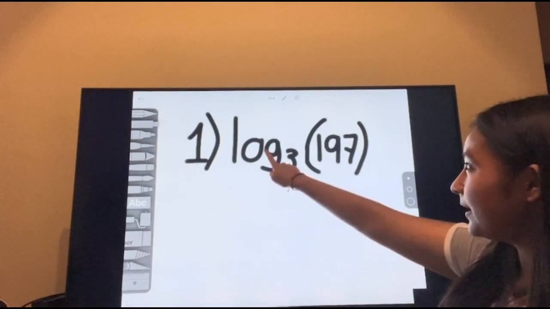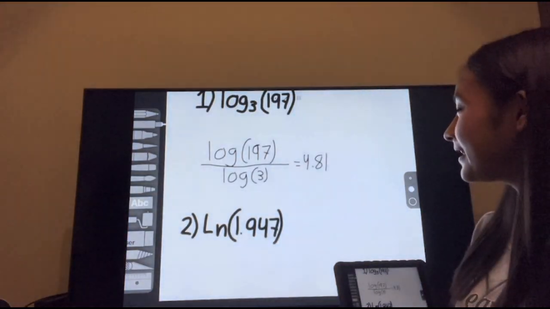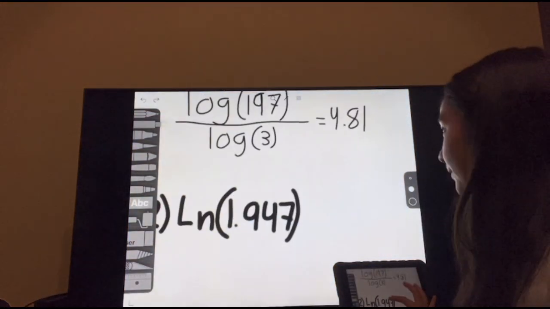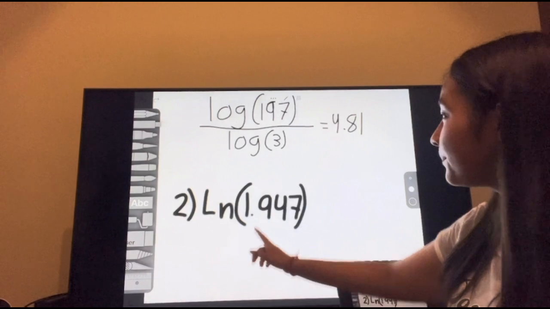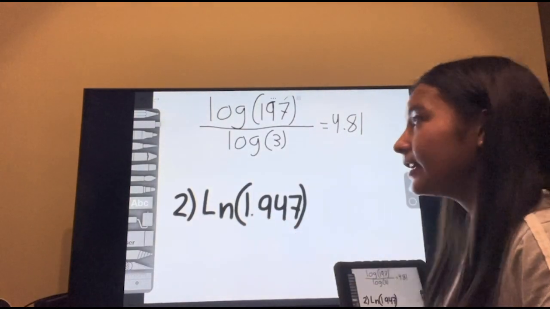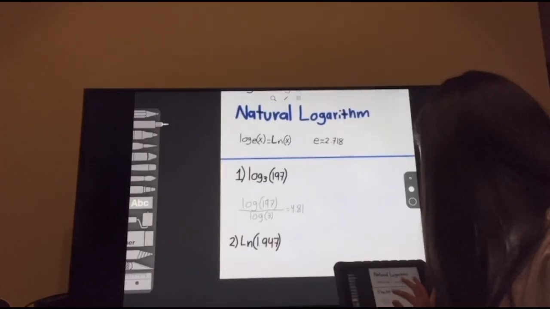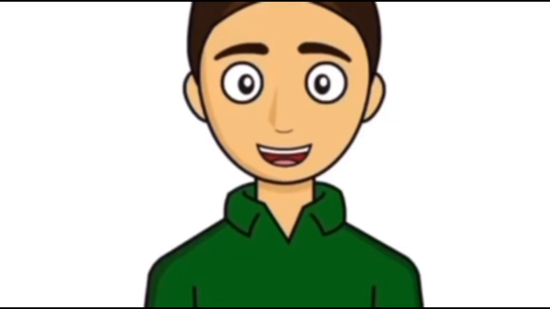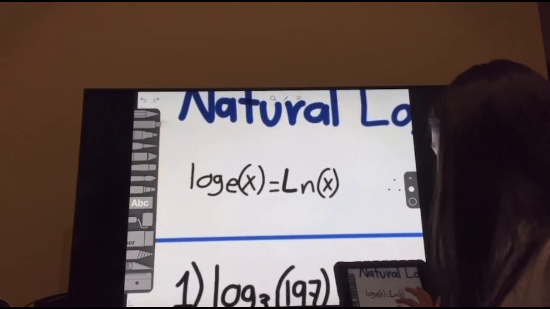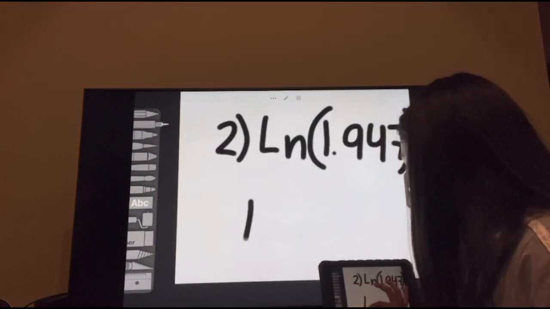First, we put this log with the argument. Let's go with the second problem. So here we have the natural logarithm of 1.947. It looks weird, but it is so easy. Facilísimo, ¿verdad? ln is equal to log base e.